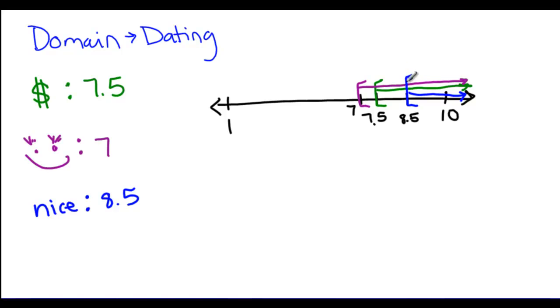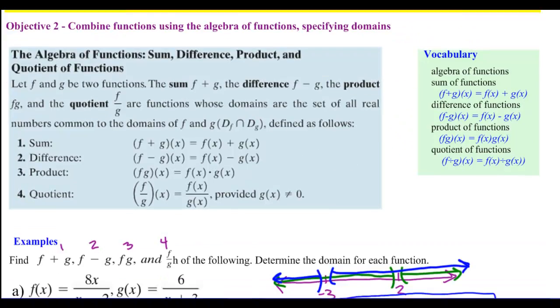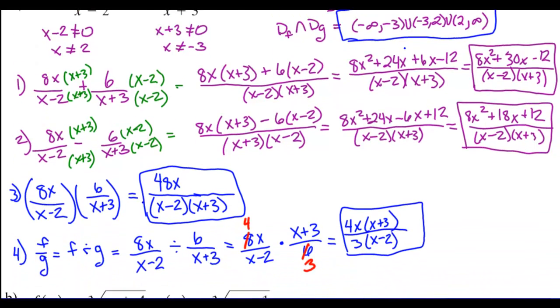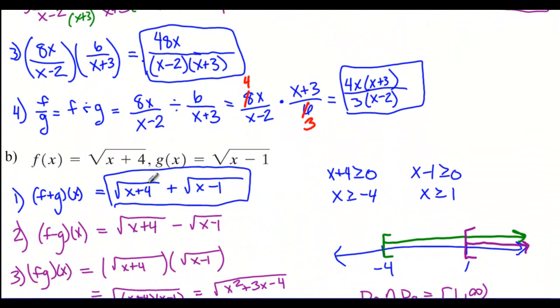With our dating domain, we would just be looking for people that were at 8.5 on up. And this is the same idea with combining functions, that we have to make sure that all parts of our function are met. So where this part will work and this part will work, we're meeting all criteria.